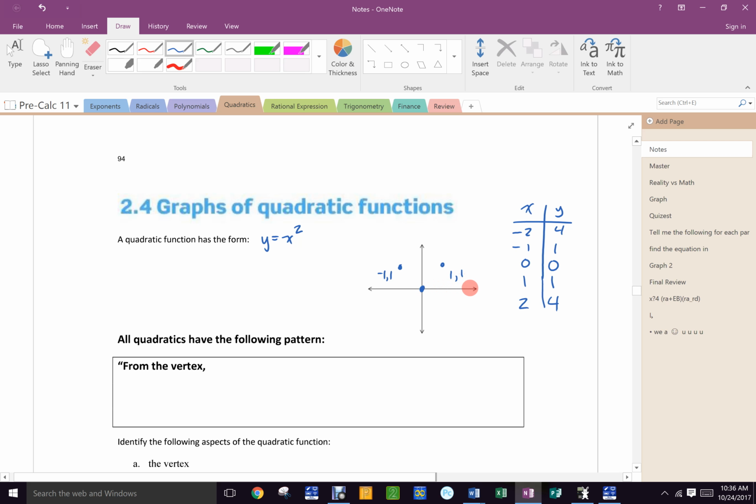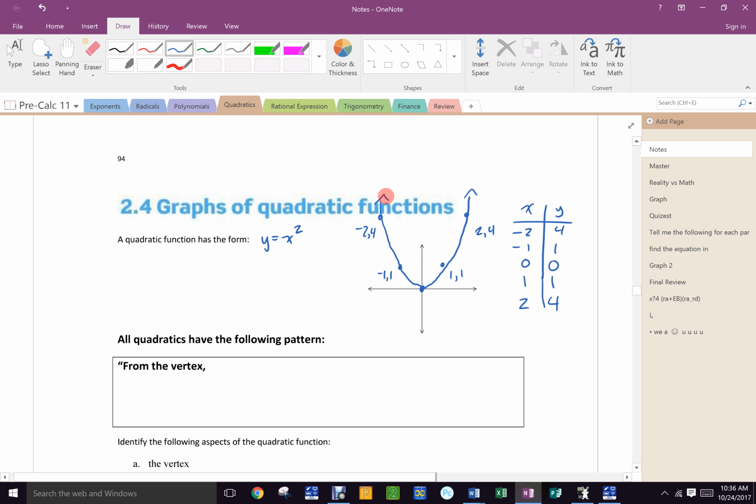I got to go out 2 and up how far? 4. Two, 4. And then I got to go out to negative 2 and up how far? And then I get this nice curve.